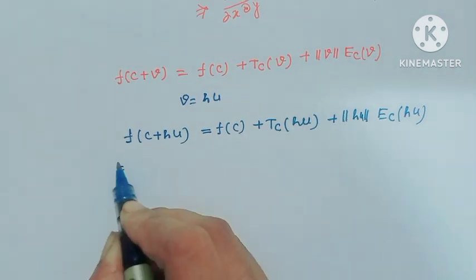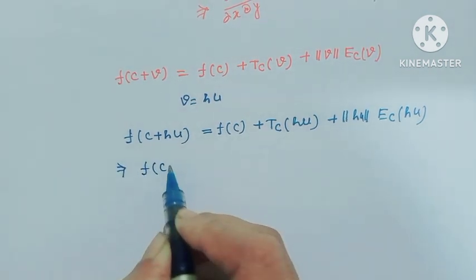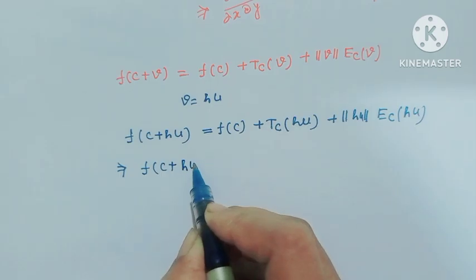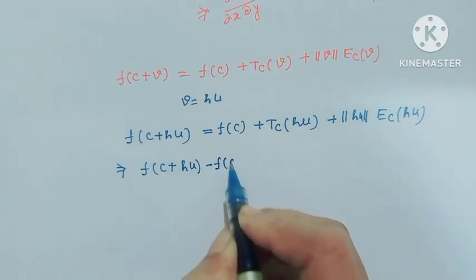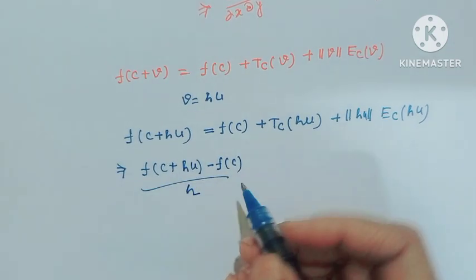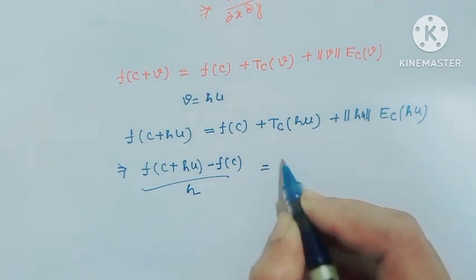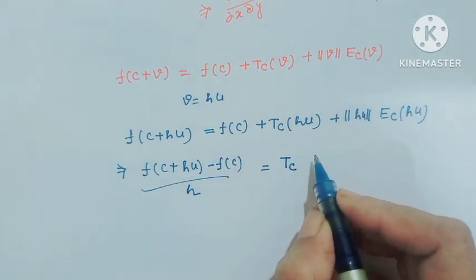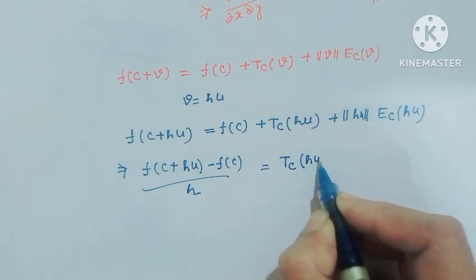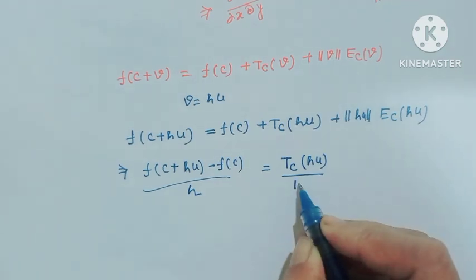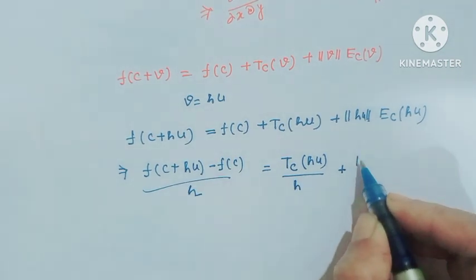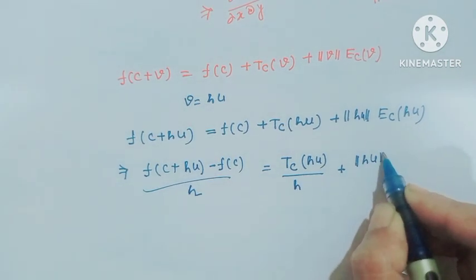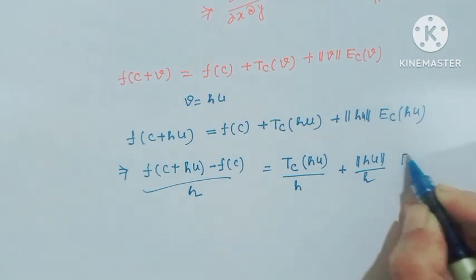Then we can write this as (f of c plus su minus f of c) divided by s equal to T_C(su) divided by s plus norm su divided by s times E_C(su).